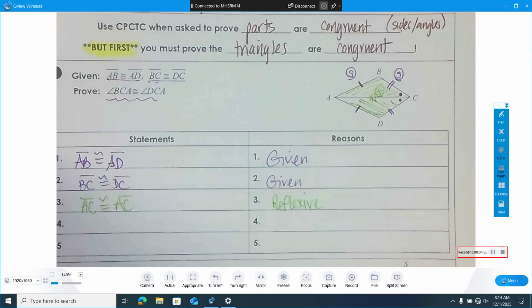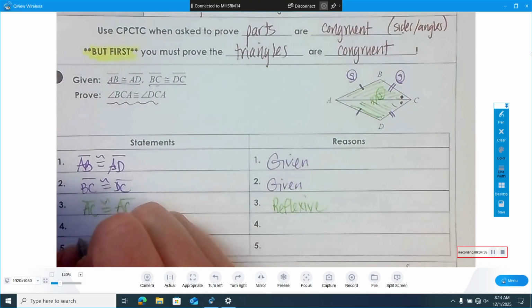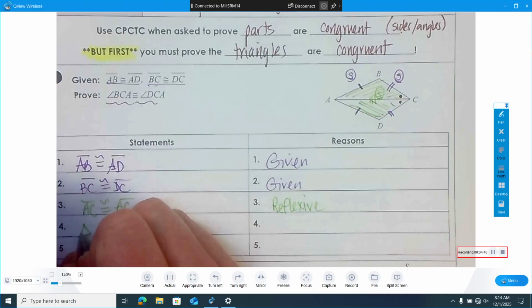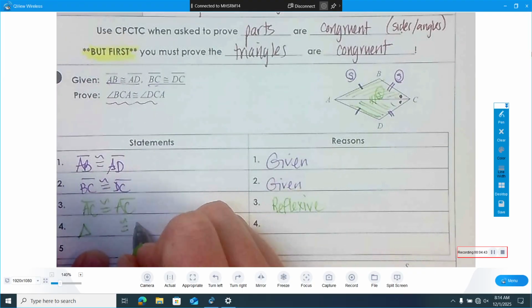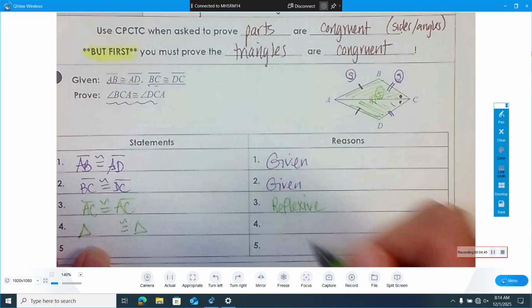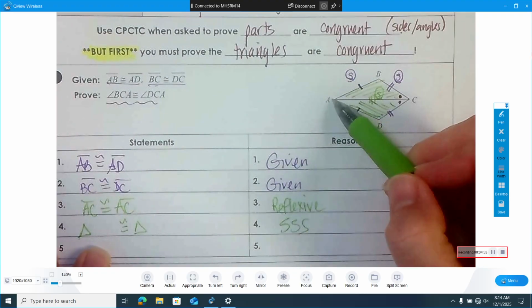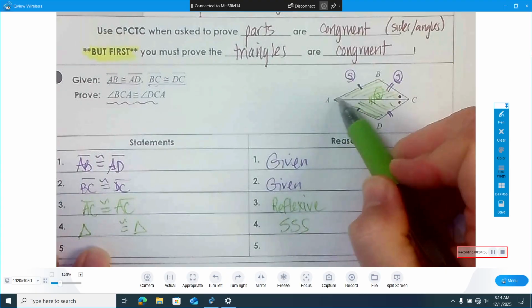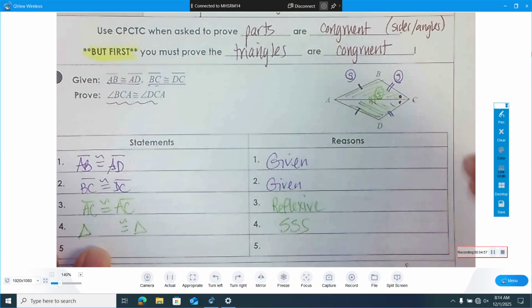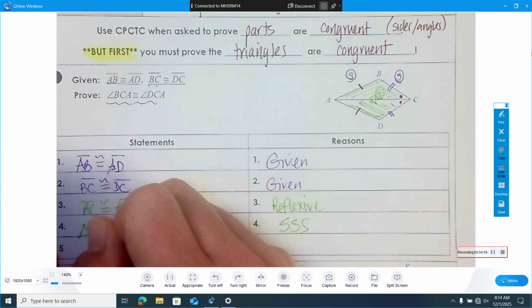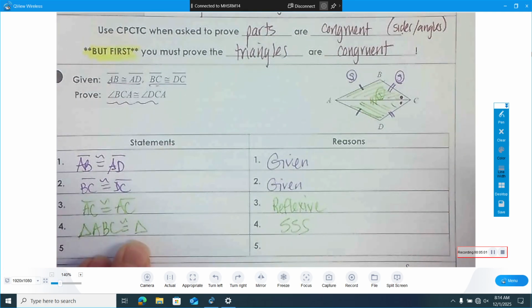The triangles are congruent. So here's where we have to be very careful. Triangle something is congruent to triangle something by the SSS theorem, but we have to name these triangles the proper way. So if I look at my top triangle and I'm going to go ABC, so triangle ABC is going to be congruent to triangle what?